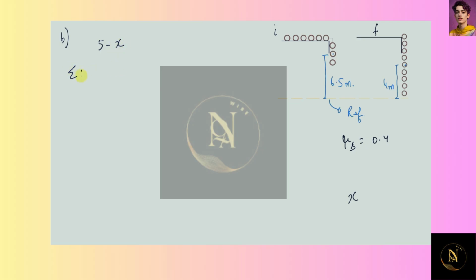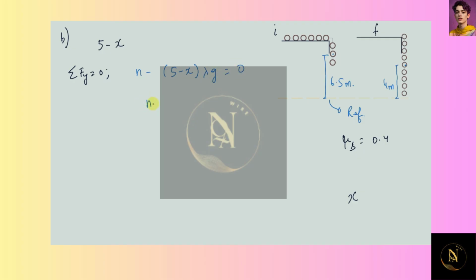So we can write that sigma Fy is equal to 0. Now there are two forces in the y direction, that is N minus m1 g, and here m1 would be equal to 5 minus x times lambda times g is equal to 0.